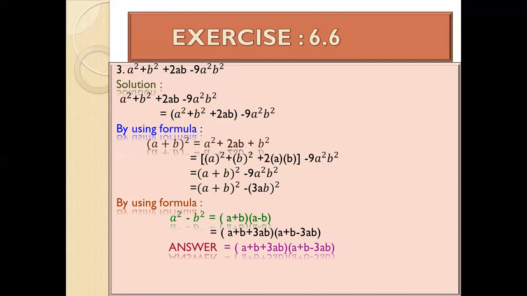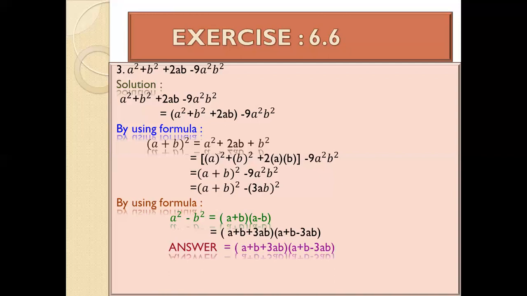And 9a²b², this is a square of which term? 3ab. Yes, first we apply a² + b² + 2ab and it converts into (a + b)². And 9a²b² we can write as (3ab)². Again a² − b².